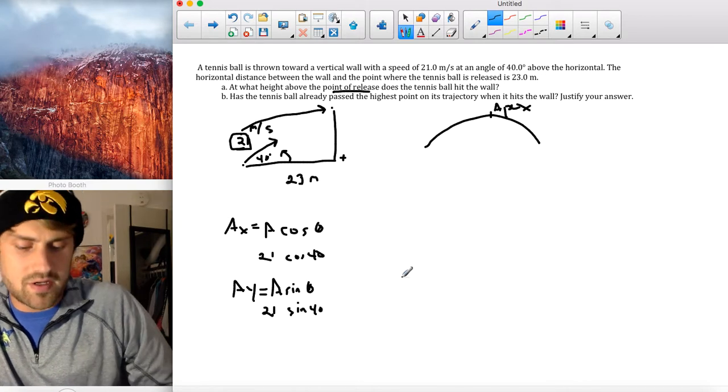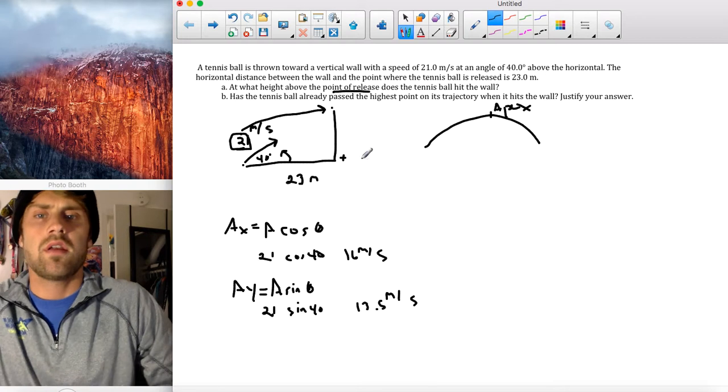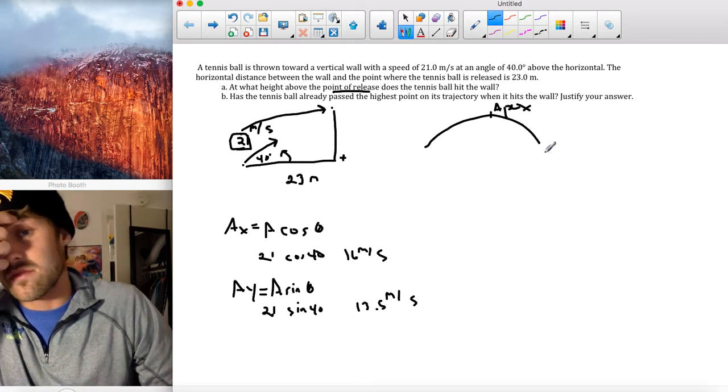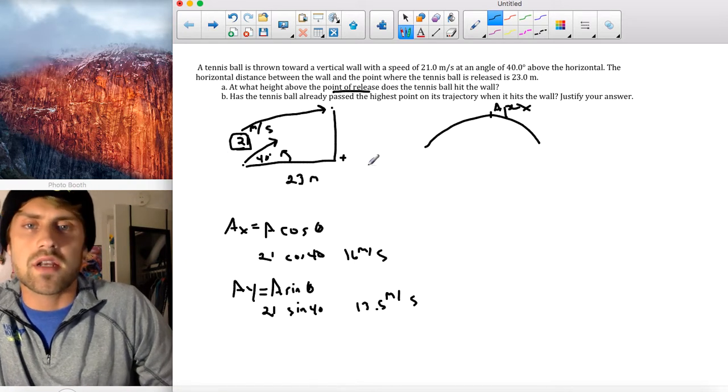Doing that, I found out that my a_x is 16 meters per second, and my a_y is 13.5 meters per second. So the first thing I need to figure out is my time, because in order for me to figure out how high the ball is, I need to figure out how long the ball is in the air.